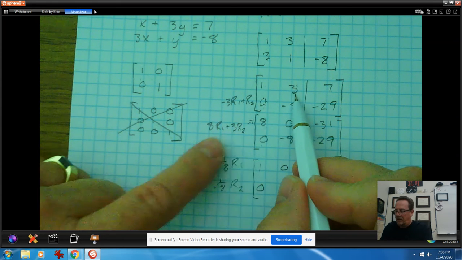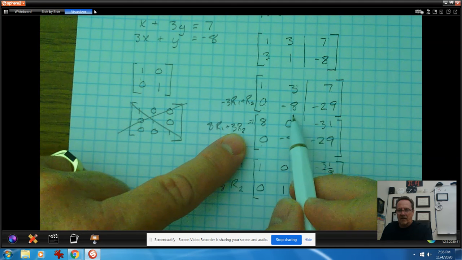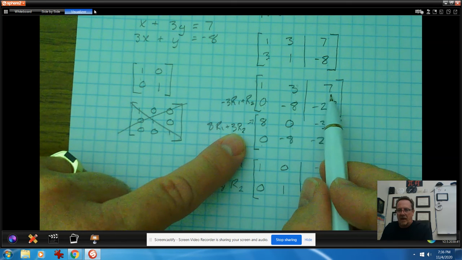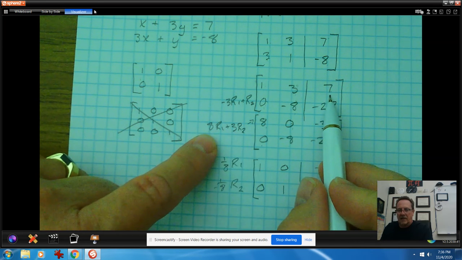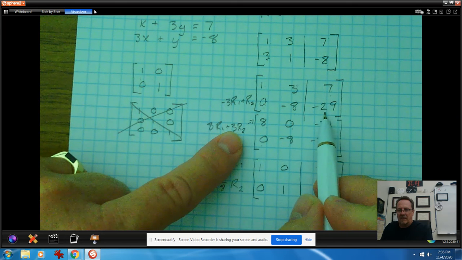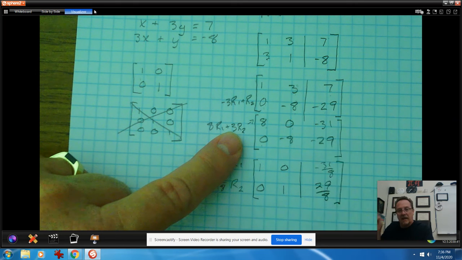And then I came over here and I said, okay, I'm going to take 8 times 3, and I'm going to add that to 3 times negative 8, which gave me my 0. And then I came back up here and I said, okay, I'm going to take 7 times 8, which gave me 56, and I'm going to add that to 3 times negative 29, which was negative 87. And when I added those together, I got negative 31.